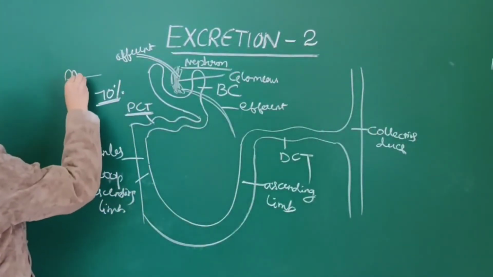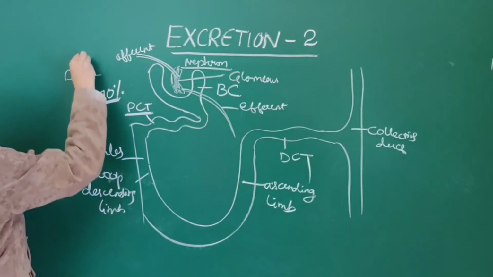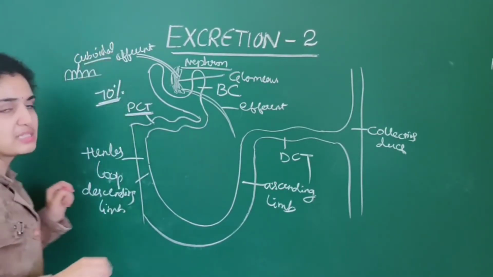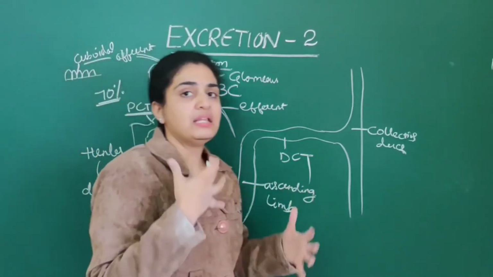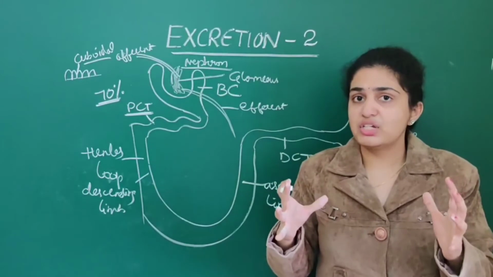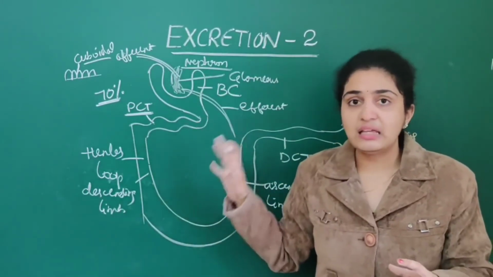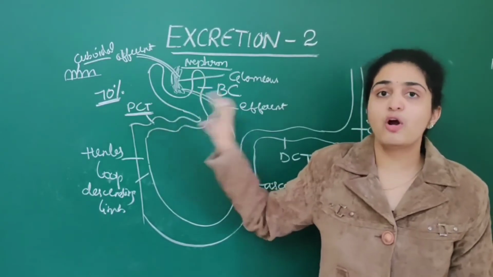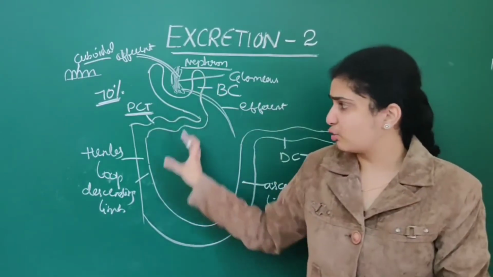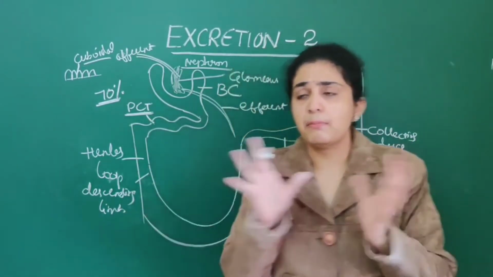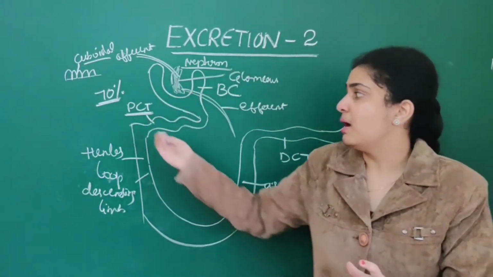We have so many epithelia, like cuboidal epithelium and columnar epithelium. But an important NEET point: if they ask anything related to the kidney, any part of the kidney, it is lined by cuboidal epithelium, so simply remember that.